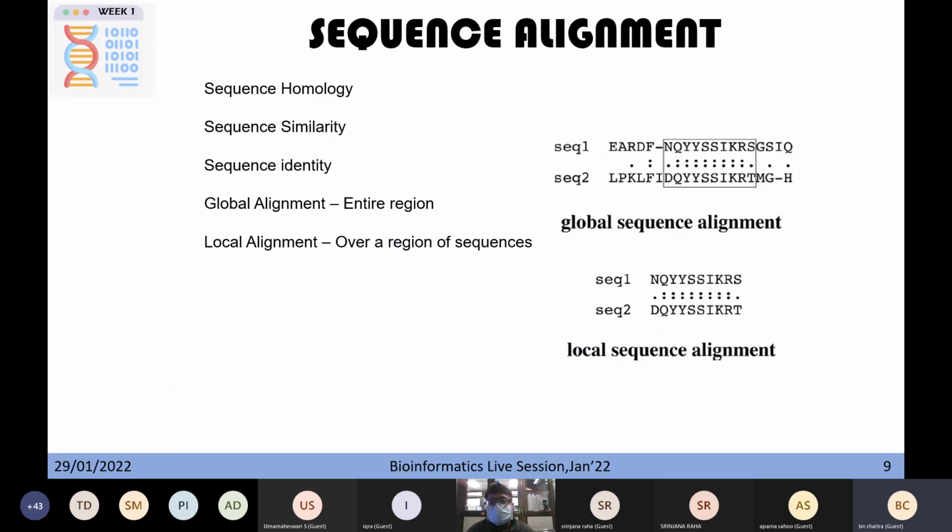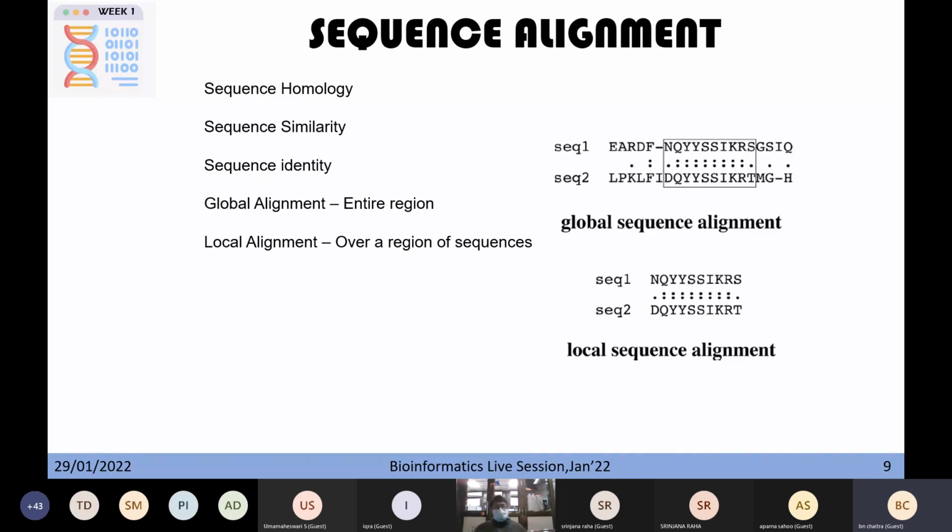Okay, fine. Now with sequence alignment, we can note some terms like sequence homology. Homologous means these two sequences have some evolutionary origin, that they come from the same origin. This is sequence homology. Then there is sequence similarity, how much the sequences are similar, and sequence identity.